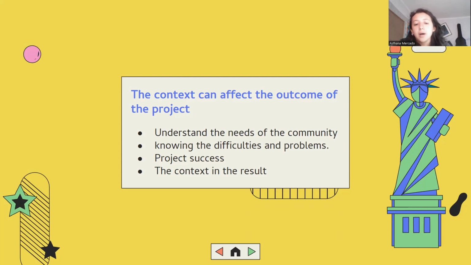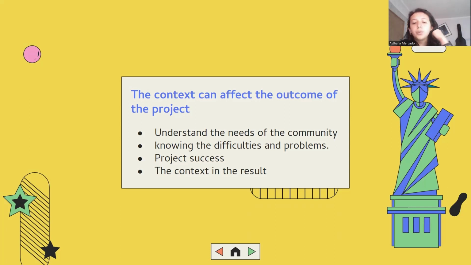And we as contextual engineers have the duty to adapt, understand, and also help the community to solve any problems that may affect the implementation of the water system.